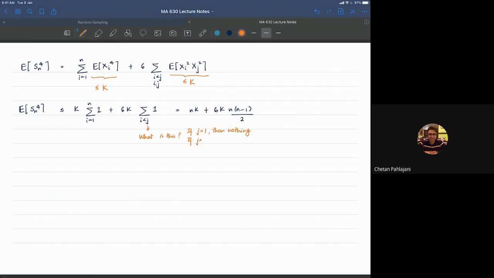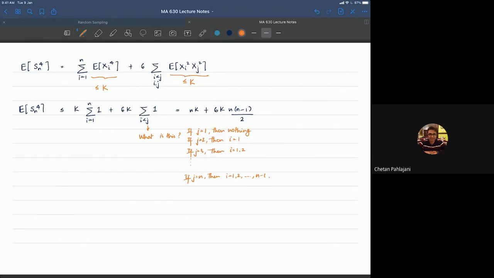If j is 2, then i equals 1. If j is 3, then i equals 1, 2. If j equals n, then i equals 1, 2, dot, dot, dot, up to n minus 1.